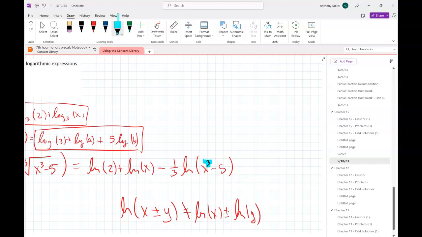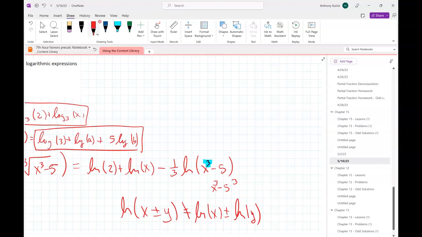You definitely can't. The reason is because that exponent isn't applied to everything inside the logarithm. If it was written as x minus 5 quantity cubed, you can power property that. But if it was like x cubed minus 5 cubed, no power property there.